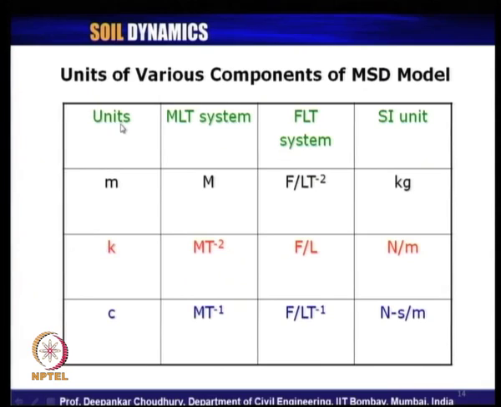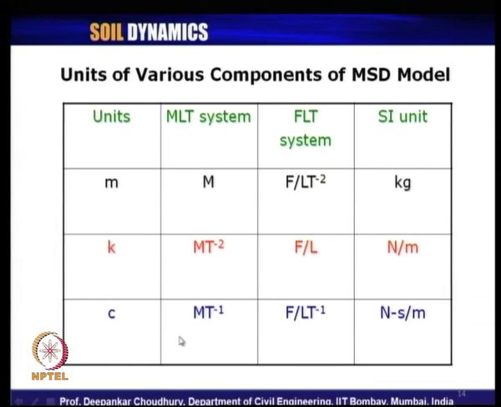If we take the unit for mass, stiffness and damper in different systems, that is the MLT system, mass length time system, the FLT system, force length time system, and in SI units, then the unit of mass in the MLT system is of course the mass M itself. For stiffness, the unit is mass by time square, that is mass t to the power minus 2.